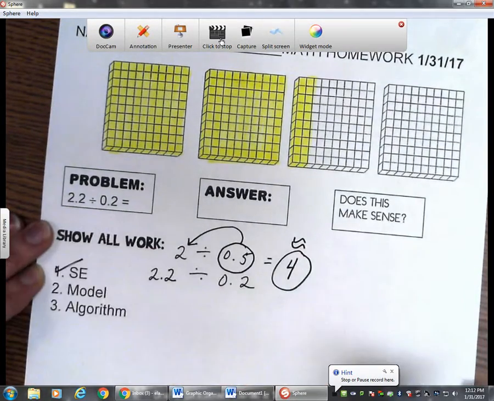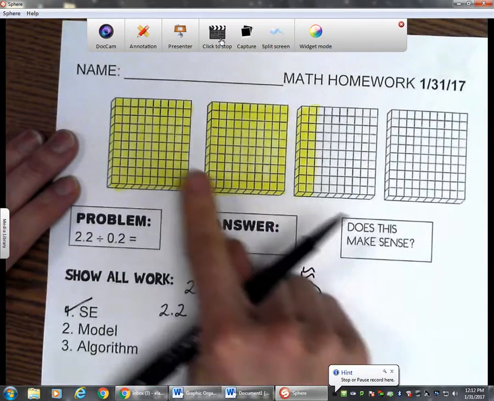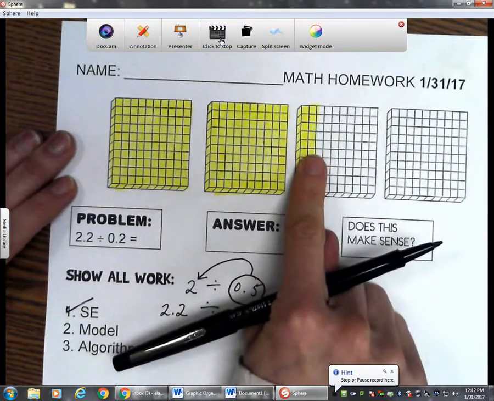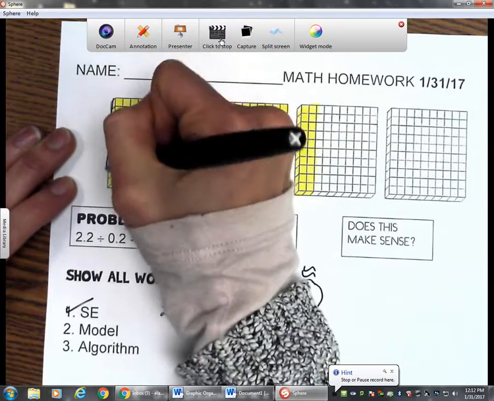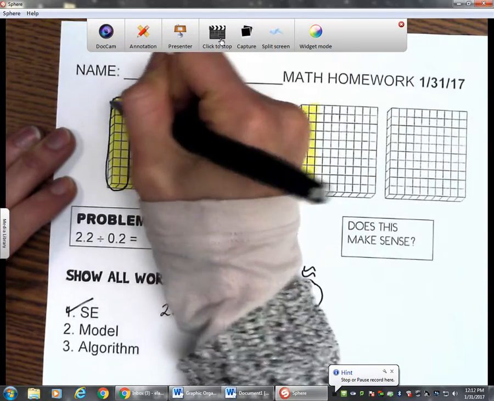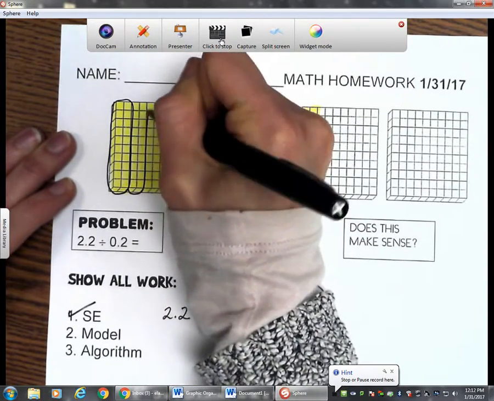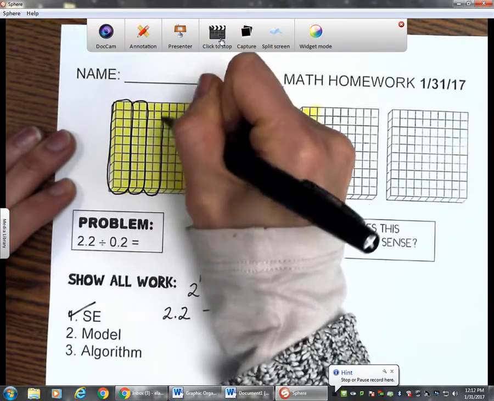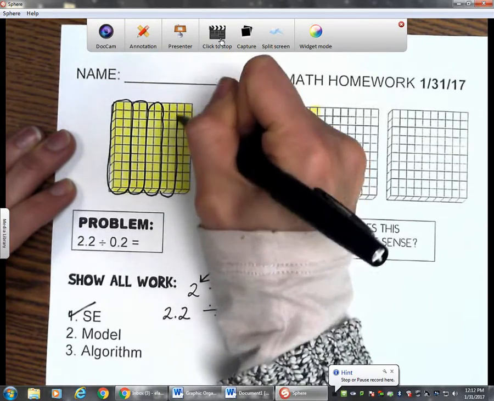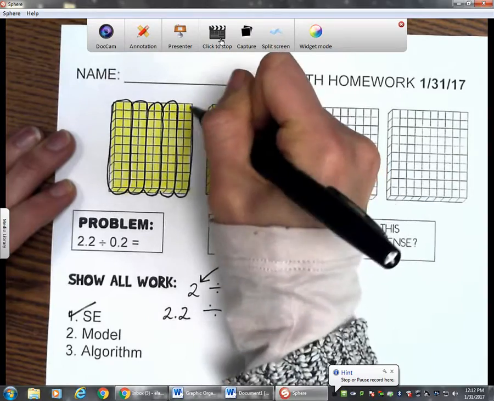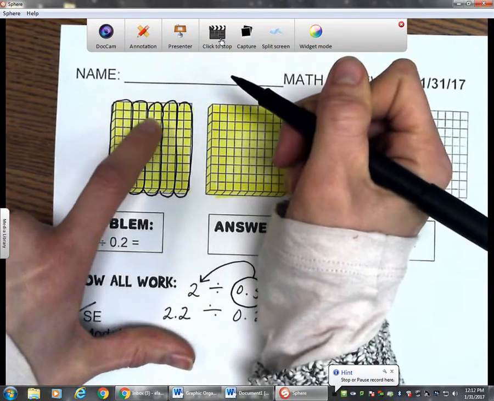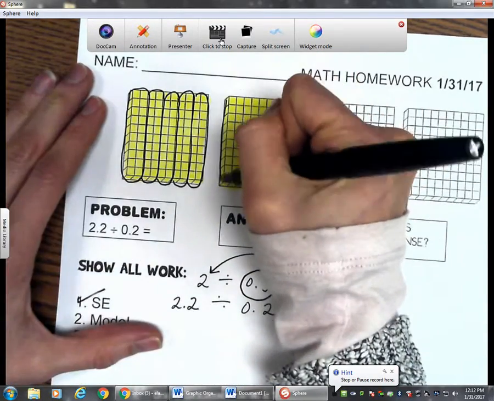Okay? Next, the model. I'm starting with 2 and 2 tenths, and I'm dividing it into groups of 2 tenths to see how many groups can be formed. So if you see 2 tenths, 2 tenths, 2 tenths, 2 tenths, 2 tenths, and I'm not done yet, I have to keep going.